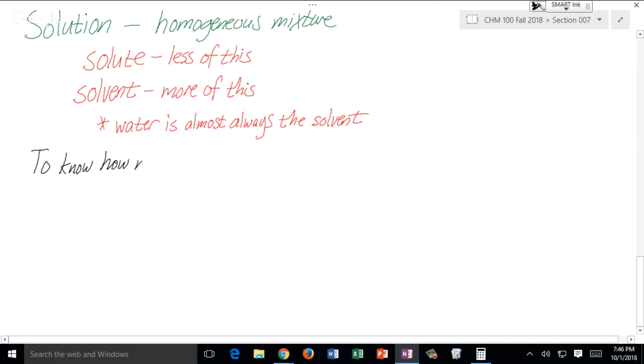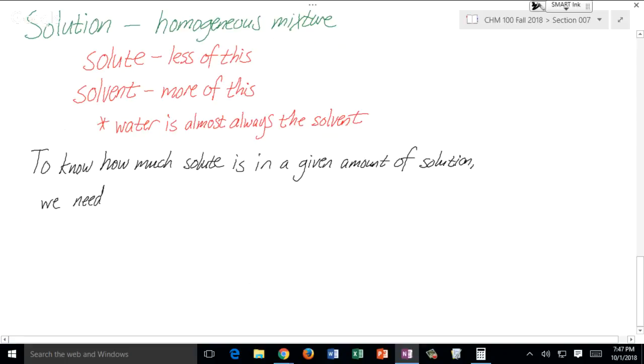So to know how much solute is in a given amount of solution, we need to know something called the concentration.